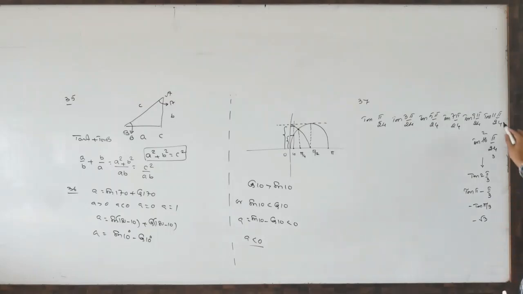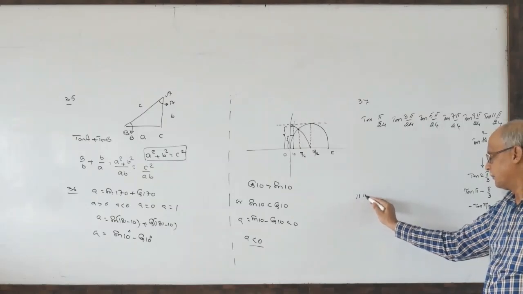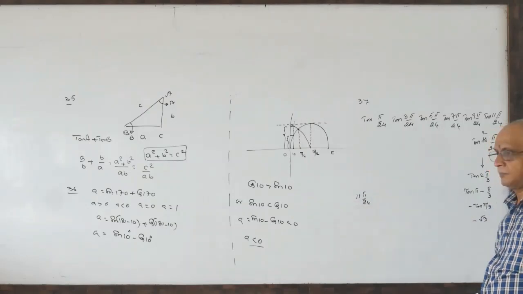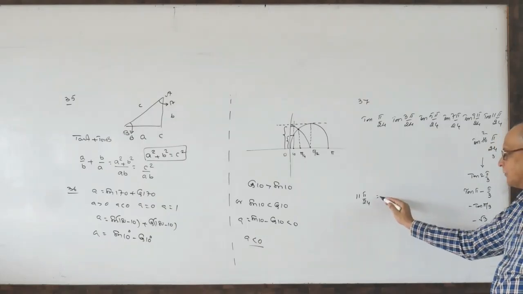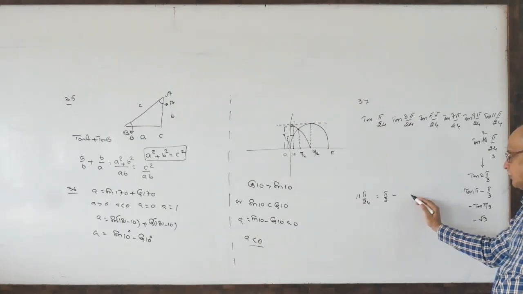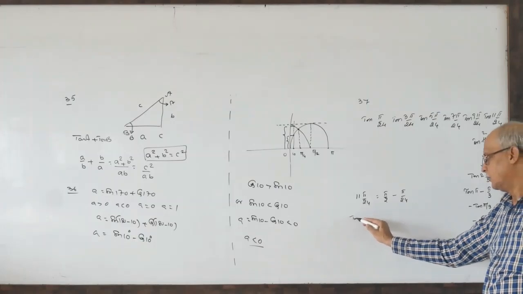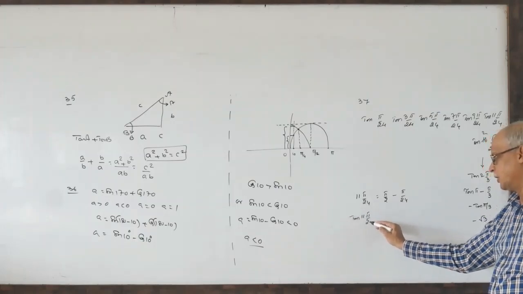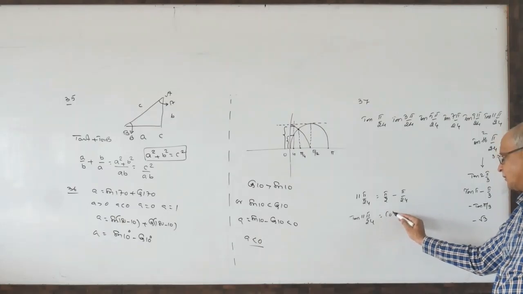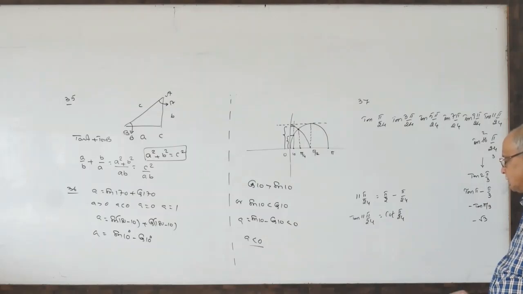You take 11 pi by 24. 11 pi by 24 can be written as 90 minus pi by 24. Take LCM, 24, 12 minus 1. Then tan 11 pi by 24 is tan of 90 minus theta, which is cot.